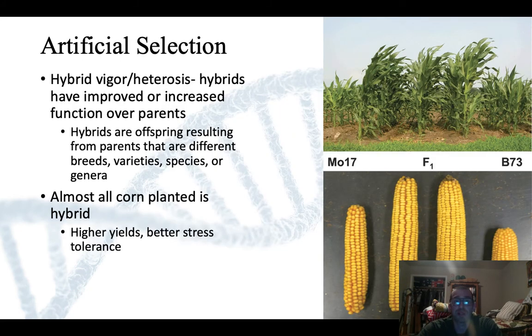So another important thing that I want to talk about in regards to artificial selection is this process called hybrid vigor, or heterosis. I want to talk about this because it is so commonly used in our corn. So hybrid vigor is this unique result in which hybrid offspring have improved function over their parents, right?